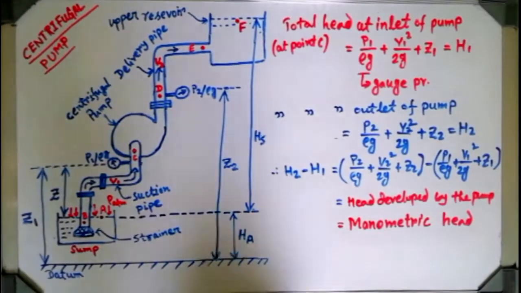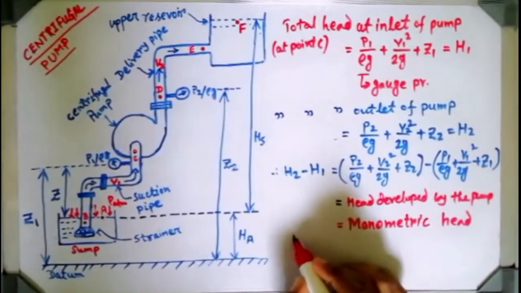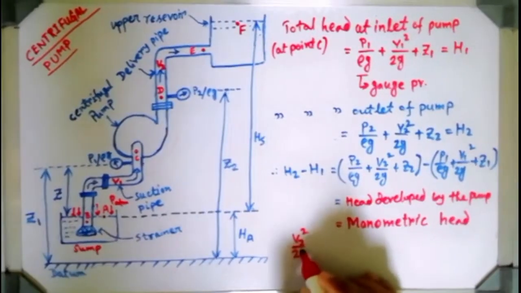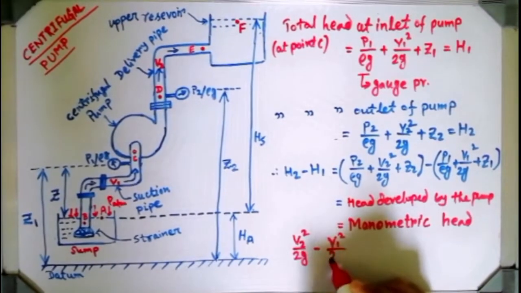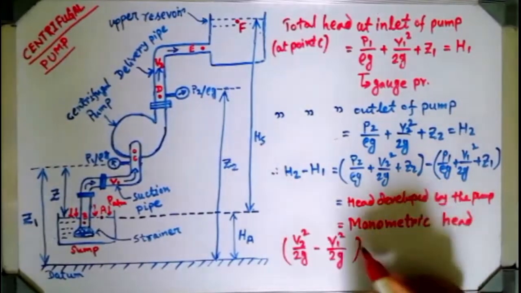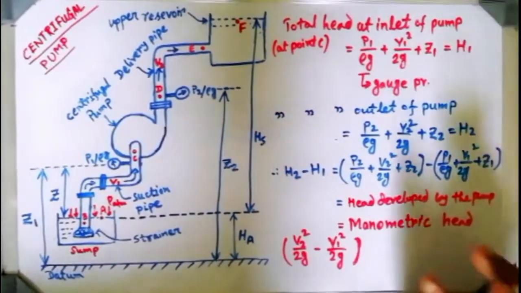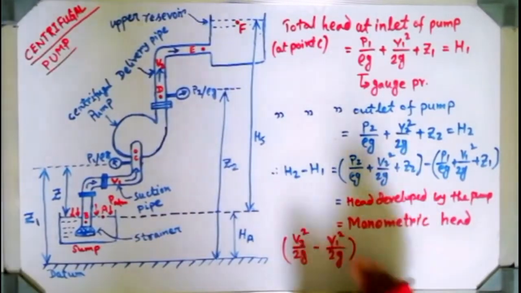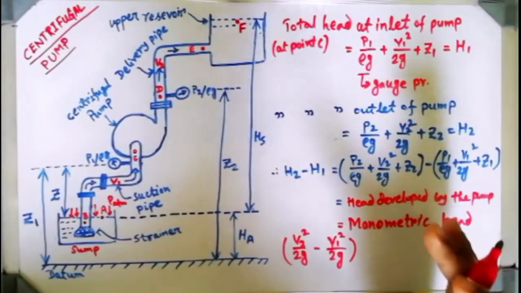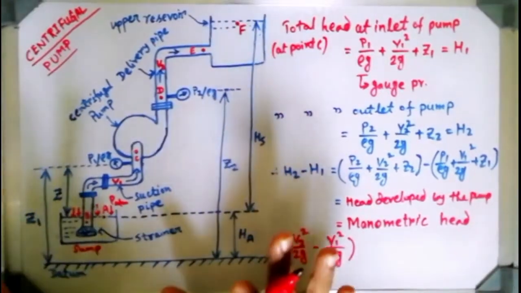Okay, now I can say one thing, this V2 square by 2g minus V1 square by 2g, this difference is not so significant. What I am trying to clarify is that some terms can be neglected if they are not putting any high impact on the expression. Why? Just to make it simple.